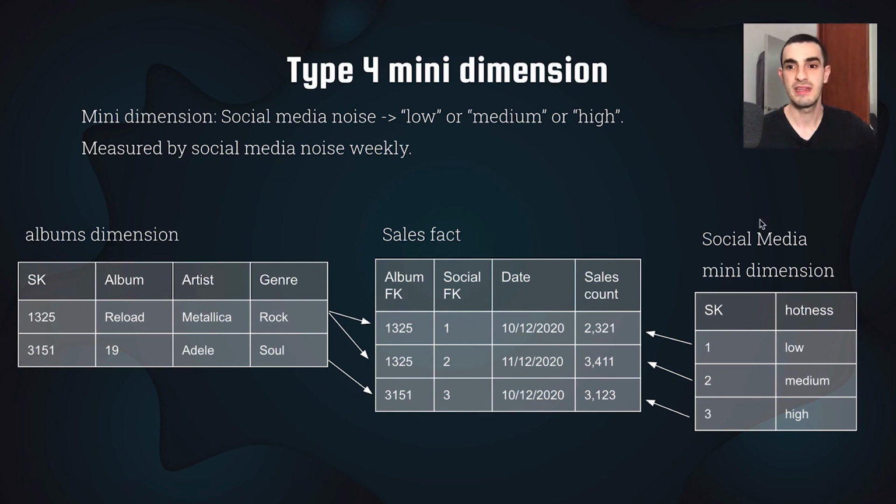But we don't want it to be a fact, even though it can be a fact as well, because we want to filter other data by that. So we want to look at the sales count of, let's say, all the albums that have low social media hotness. So we need it to act like a dimension, but it's changing too fast to track within the original dimension.